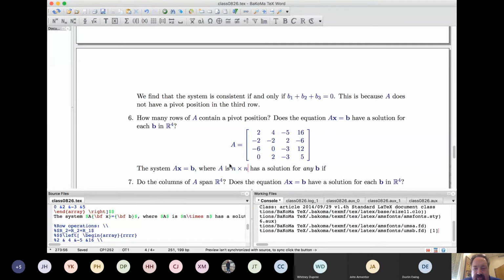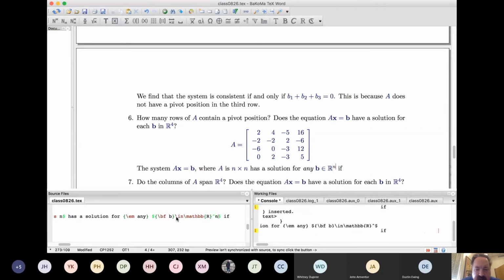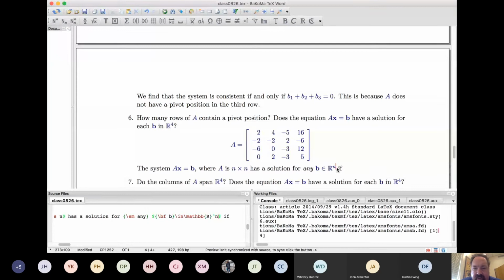So n rows, n columns. So a case of a square matrix. So it has a solution for any B in the space Rn. So in this case, n is 4.